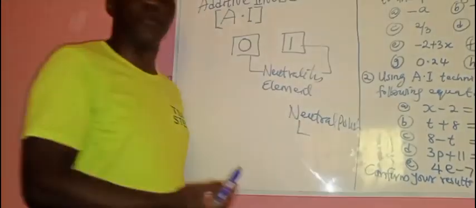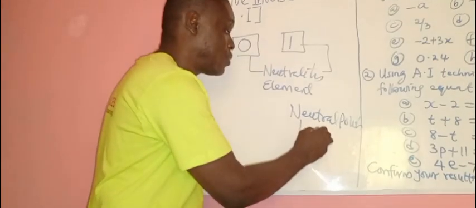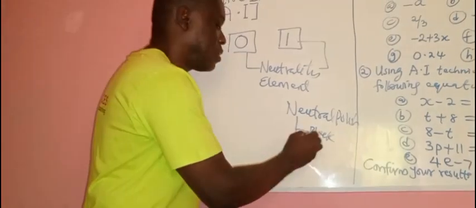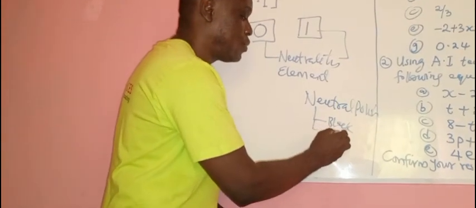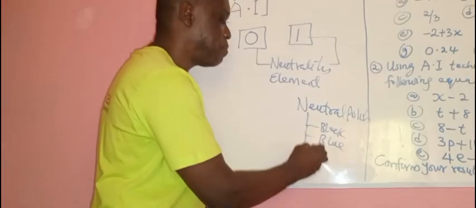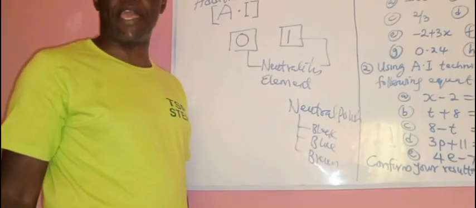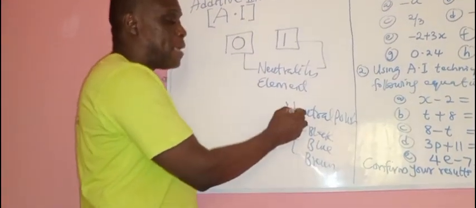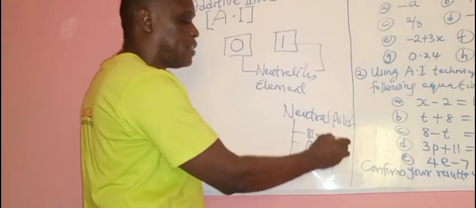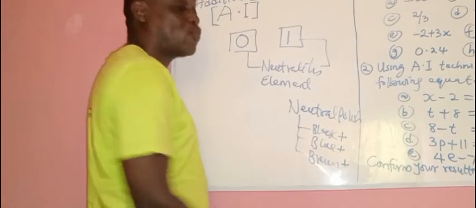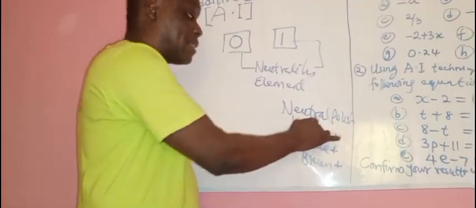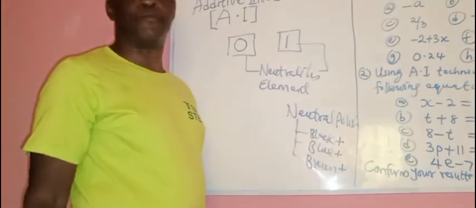It goes for any color. Black shoe, blue shoe, brown shoe, all colors. If you put a neutral polish on any one of these, it will only shine it, it will still retain the color. Is that clear?